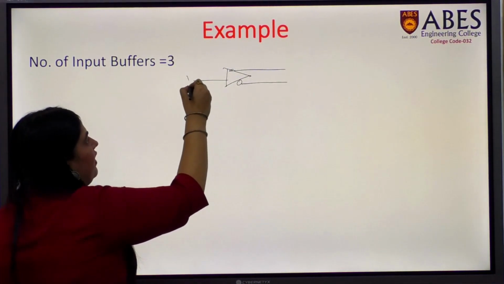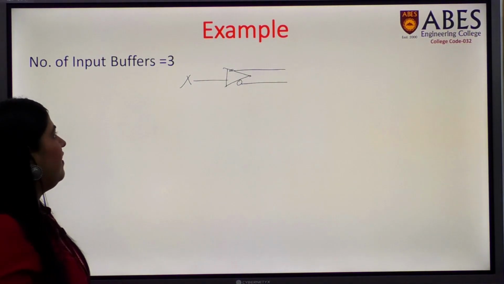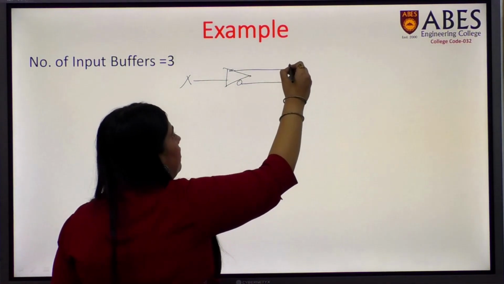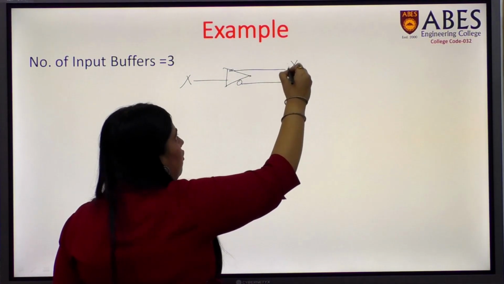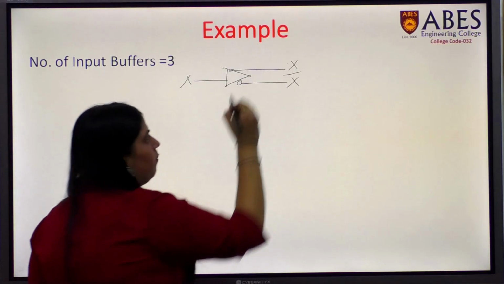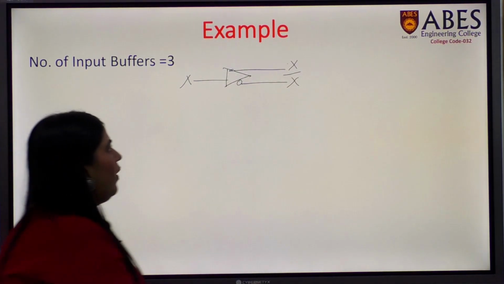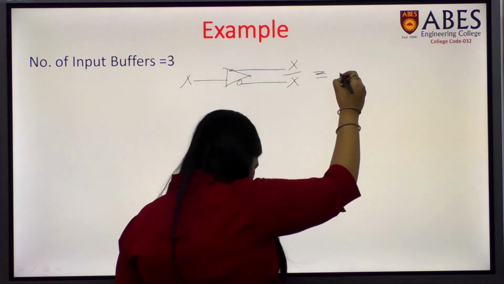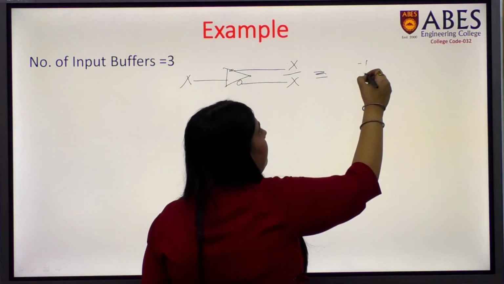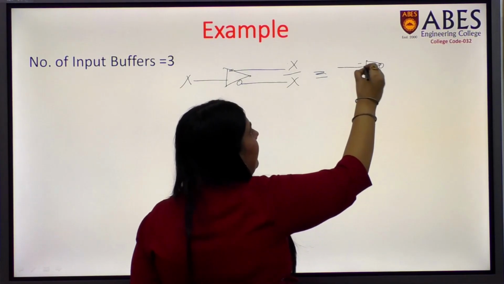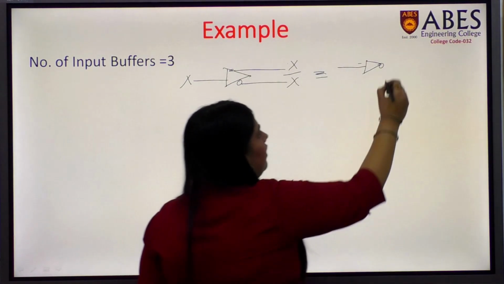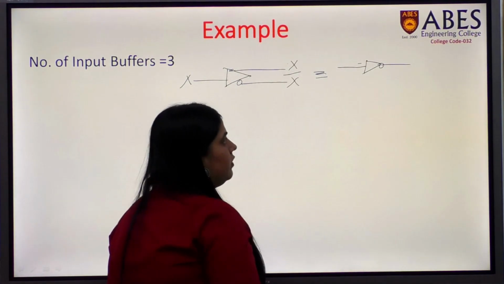Suppose X is the variable. From this input buffer, we are getting both outputs, complemented and uncomplemented. This is equivalent to, suppose I am taking one NOT gate. A NOT gate has one input and one output.